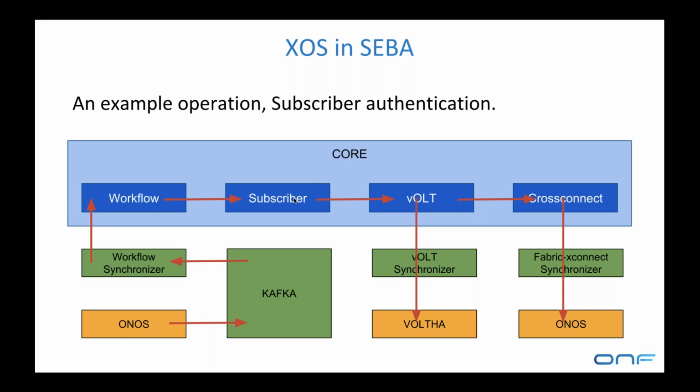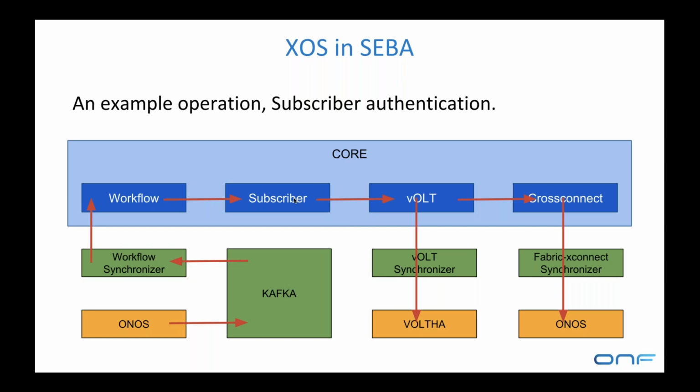So one thing that could be drawn out from this is that the workflow is modular. You could swap out the AT&T workflow for the telecom workflow, and other components like the VOLT Synchronizer and Fabric Cross Connect might not need to change, or if they did need to change, it would be very workflow specific.